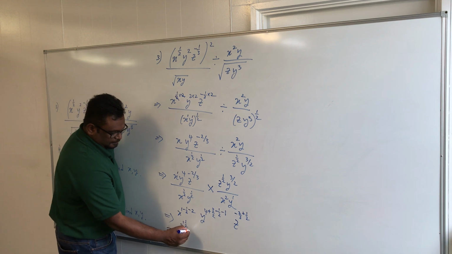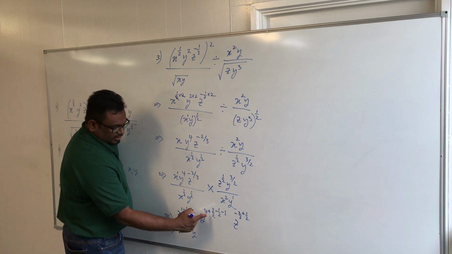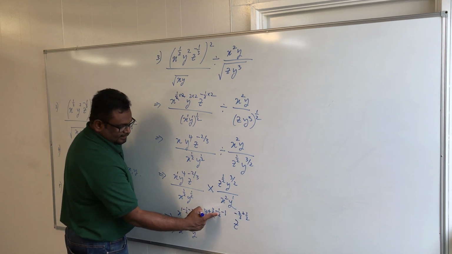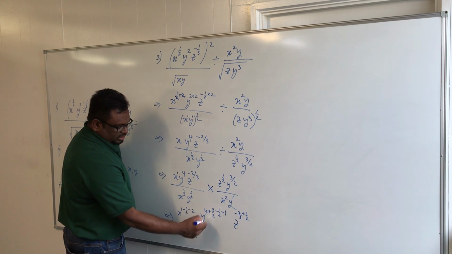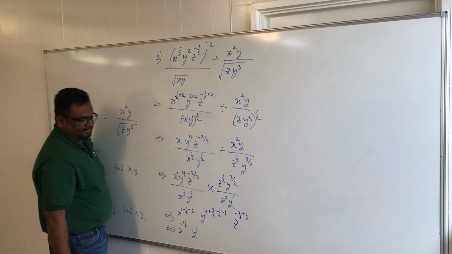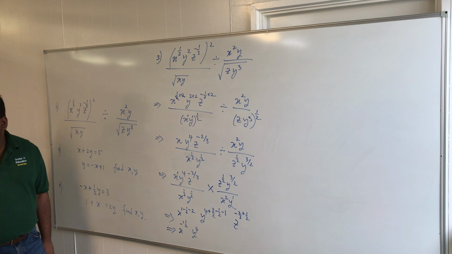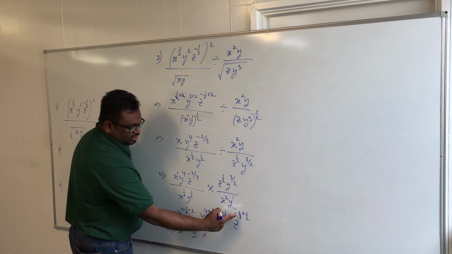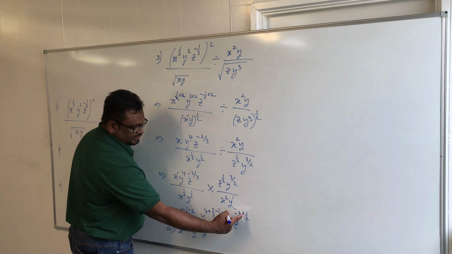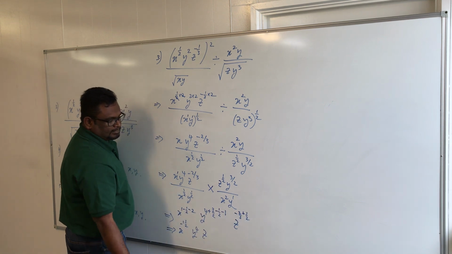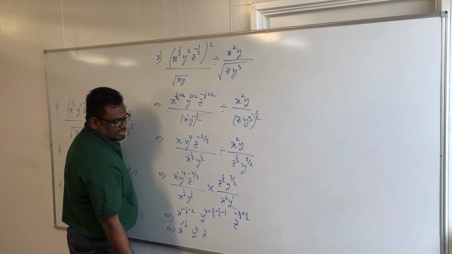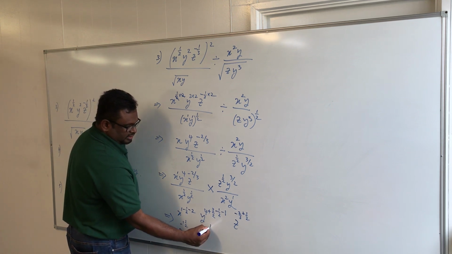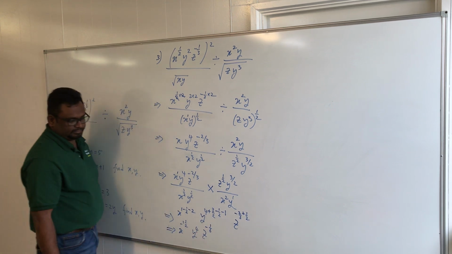It's 1 half. Why? This is going to be what? This is going to be 1, 1 is going to be 4. This is going to be 1. Z, this is the comma, right? What is this? Minus 1 divided by 6. So that's the answer.